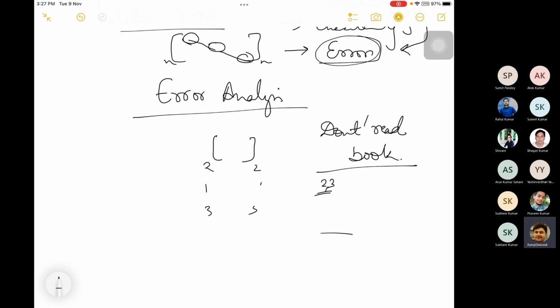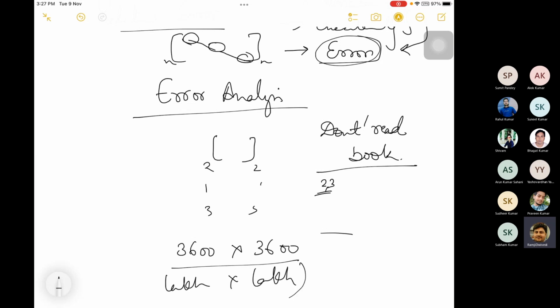But what I'm explaining today will help you solve problems with matrices of 3600 cross 3600, lakhs cross lakhs, which you can solve in MATLAB. If you do not follow these lectures and only follow the book, you will never attempt these kinds of problems, which are the future.